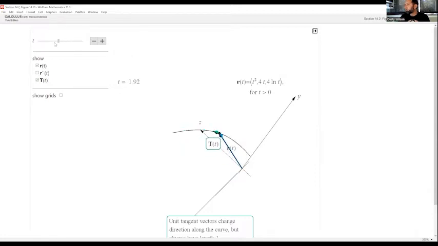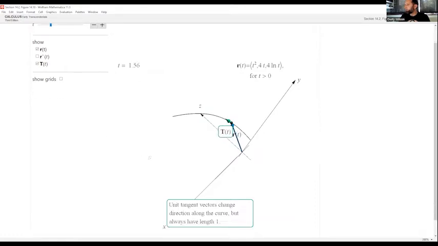It ends up being our initial basis vector, if we were to foreshadow linear algebra, in terms of this space curve. So the unit tangent vectors change direction along the curve, but they always have length 1. And again, the unit tangent vector is easy to find. It's just the derivative vector divided by the magnitude of the derivative vector.